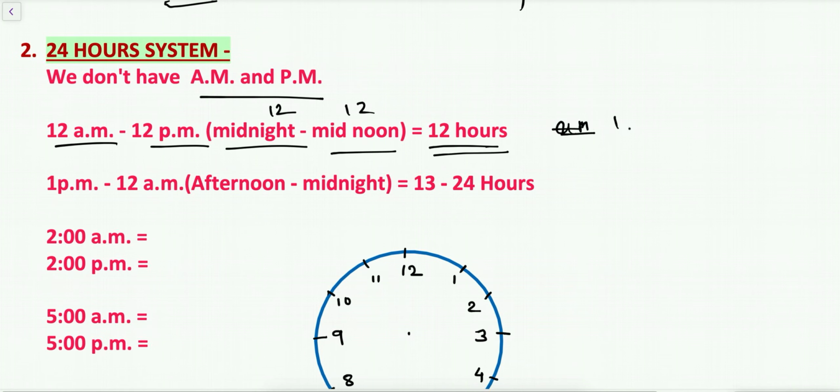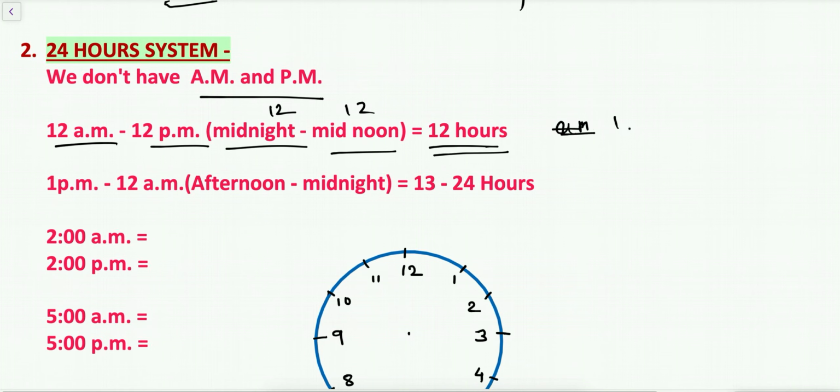Now let's begin conversion of time. First we'll see how to convert hours into minutes. As we all know, 1 hour is equal to 60 minutes.